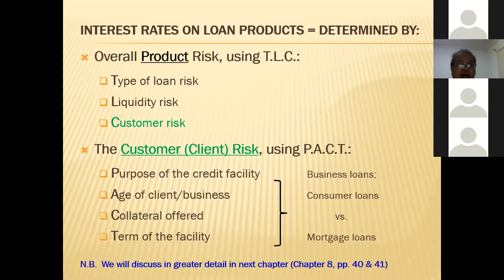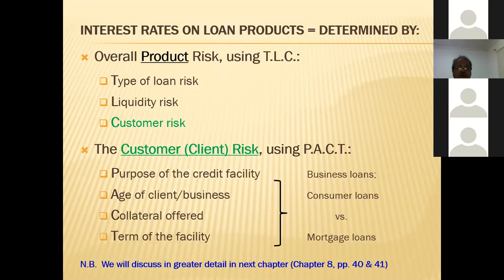Okay, so we're looking at TLC, the product. So for example, let's say we're looking at a car loan. If the car loan is unsecured, let's say we only take a salary deduction, which is not security, by the way. It's just a form of payment. So we have a personal loan that we gave for a car. It's unsecured, but we get salary deduction.